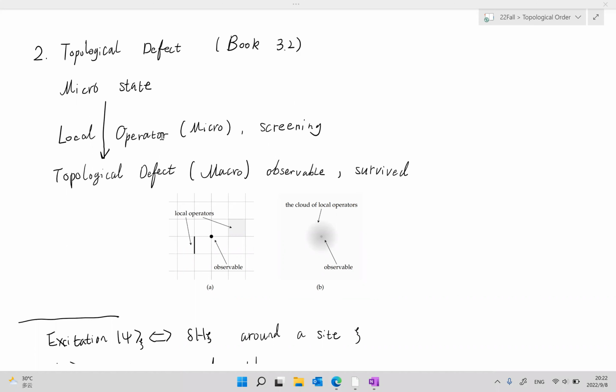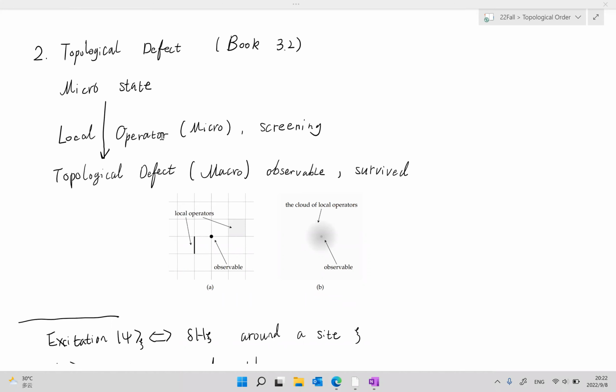Now, we are doing something called coarse-graining. Traditionally we say we are integrating out the small length scales, or the high energy scales, to get the low energy effective theories.